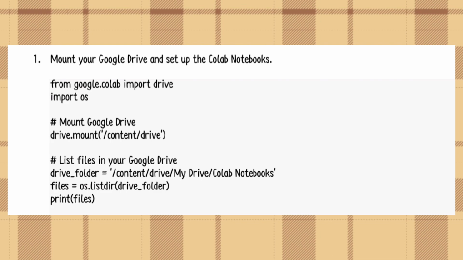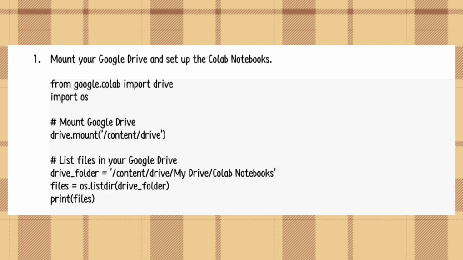# List files in your Google Drive. Another comment explaining the next block of code. drive_folder = '/content/drive/My Drive/Colab Notebooks'. This line defines a string variable named drive_folder. It stores the absolute path to a specific folder within your mounted Google Drive.